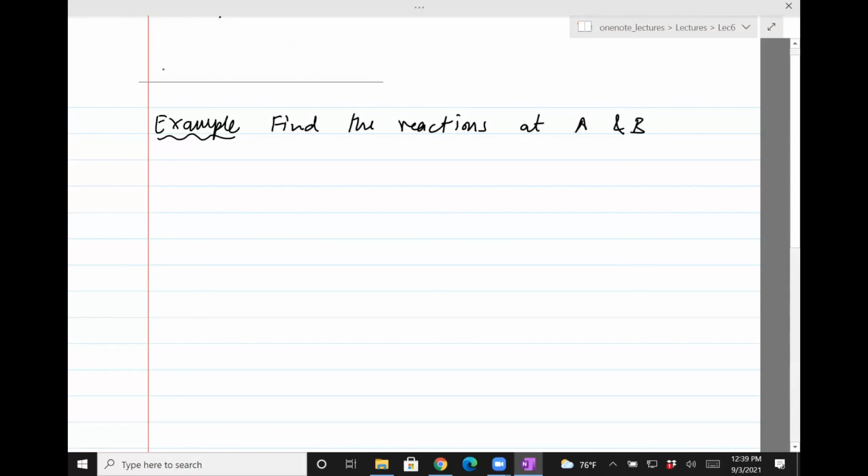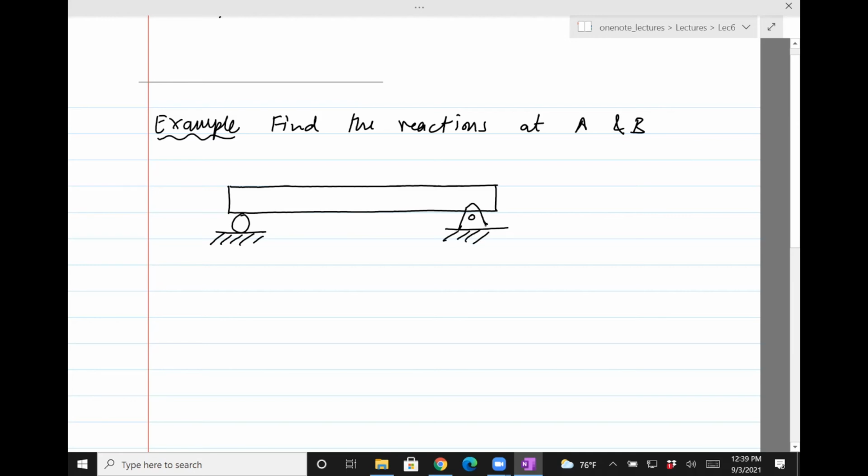So here is the beam. Roller support on one side, pin joint on the other. And this is A, this is B. And now let's see the forces.